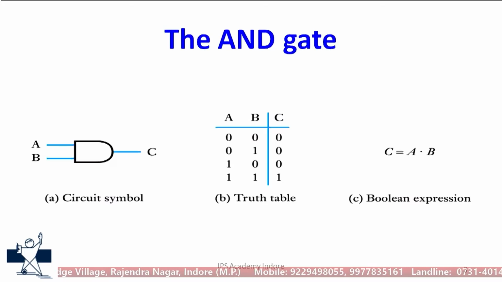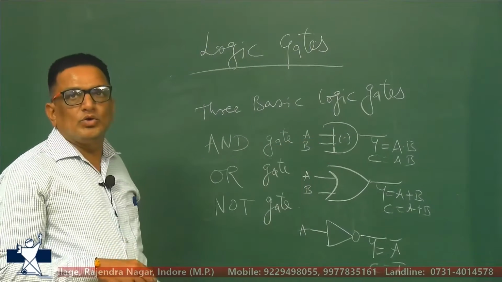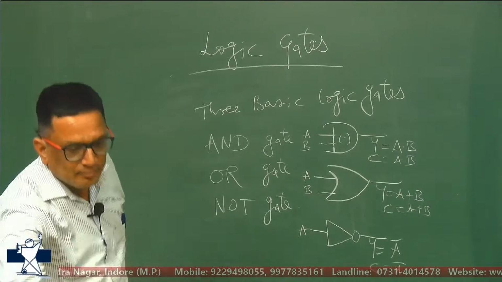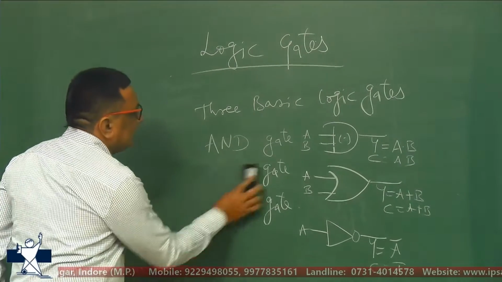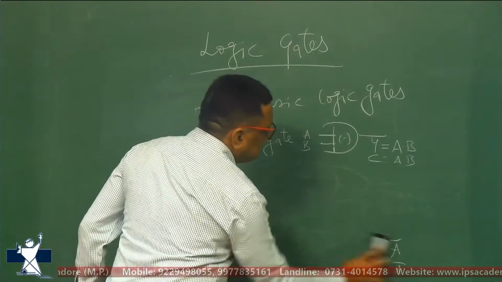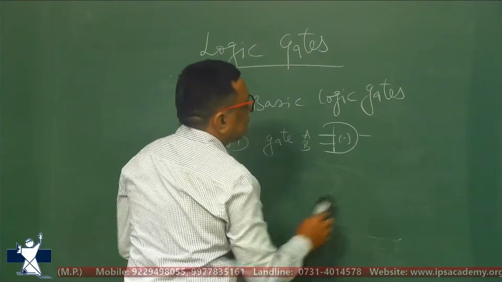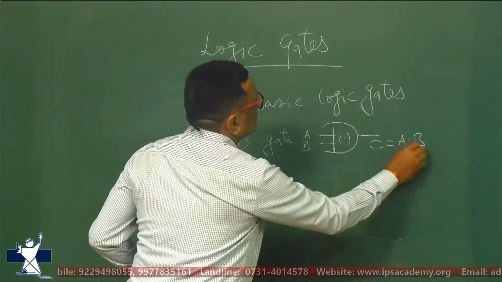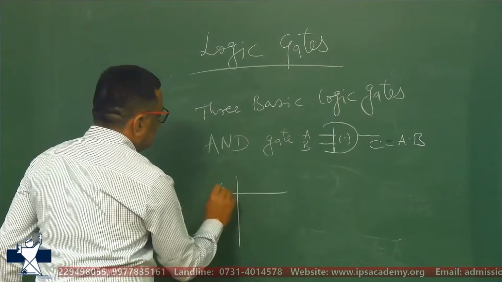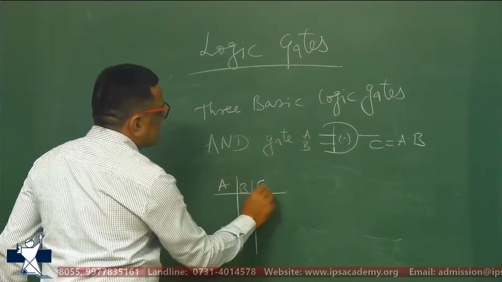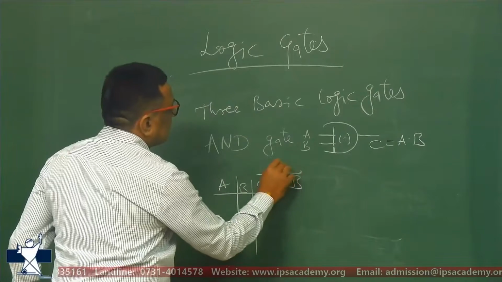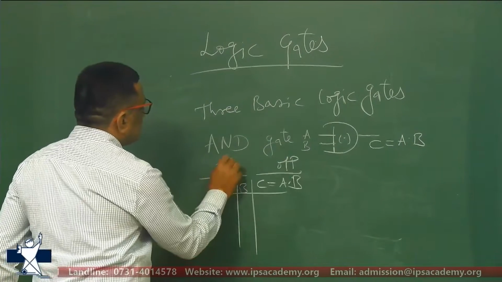First we see the AND gate. A and B are two inputs, and this is the output.